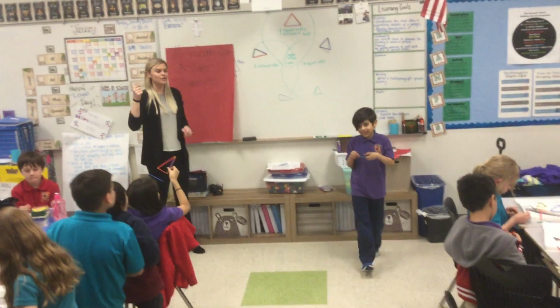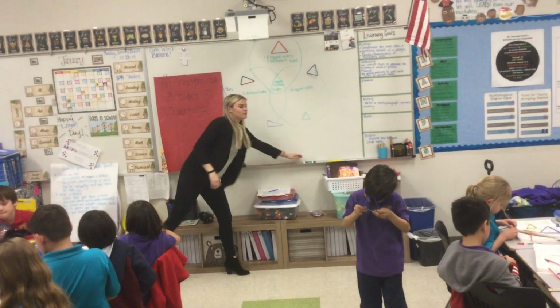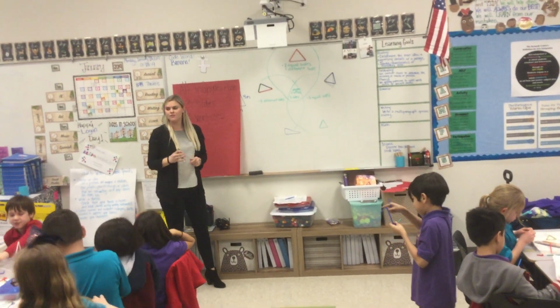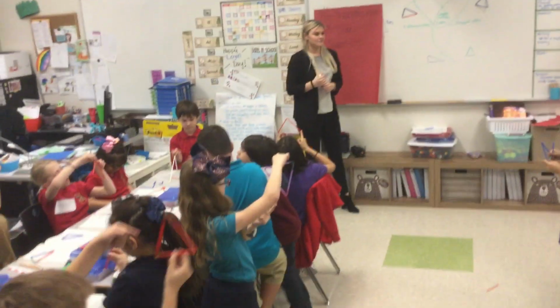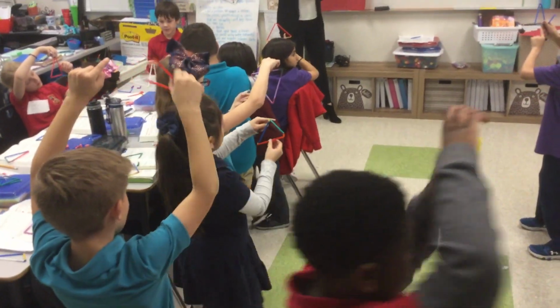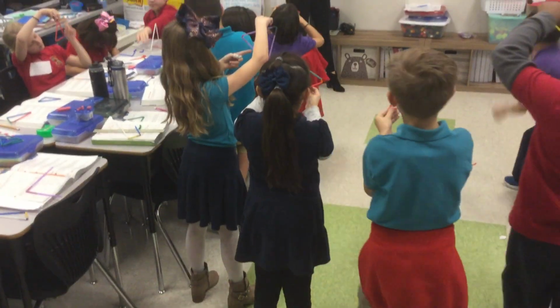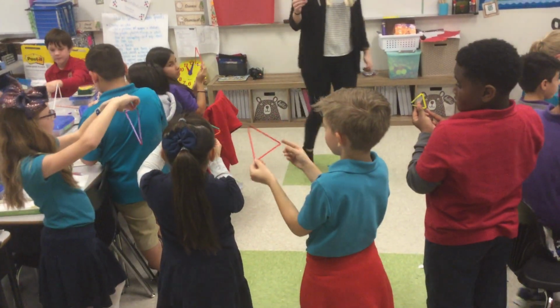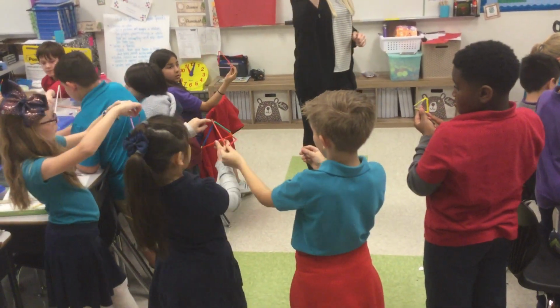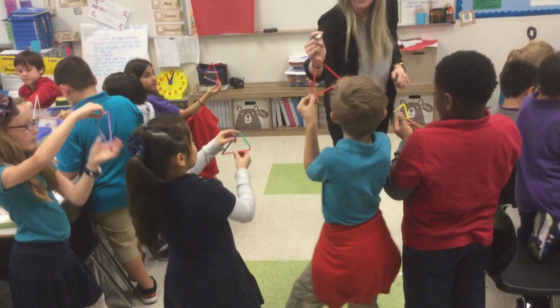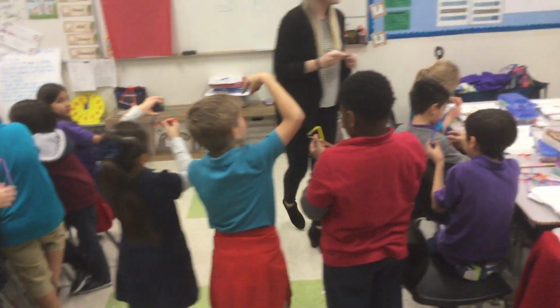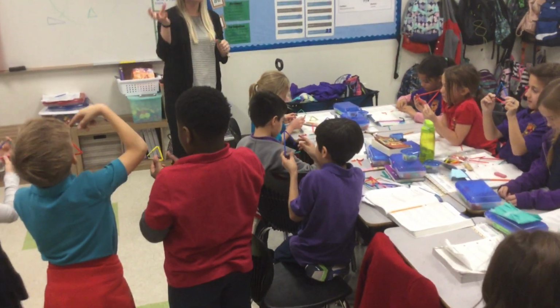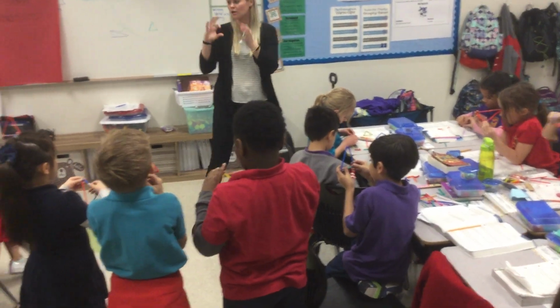So, grab one of your triangles. I want to do something real quick. Point to one of your sides. Point to a vertex. Point to one of the vertices. So, you should be pointing to the point or the corner. Perfect. The angle and vertices are kind of hard.